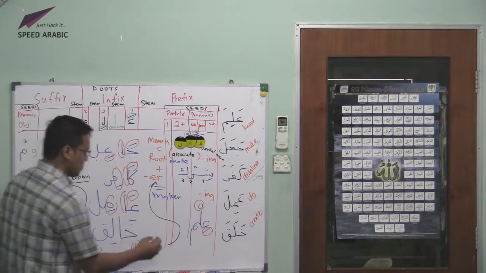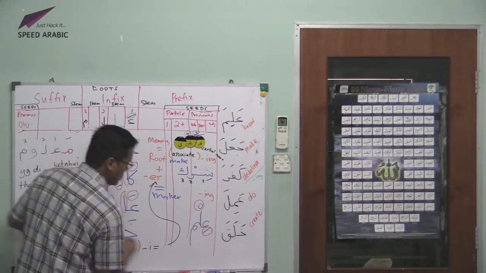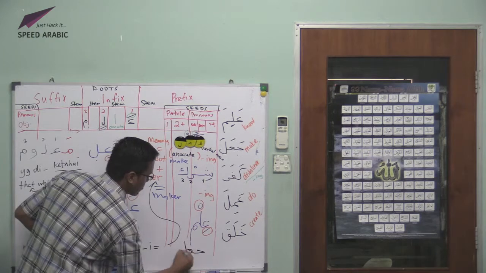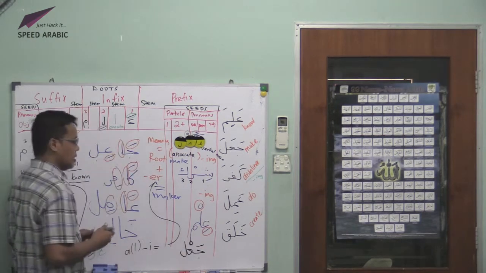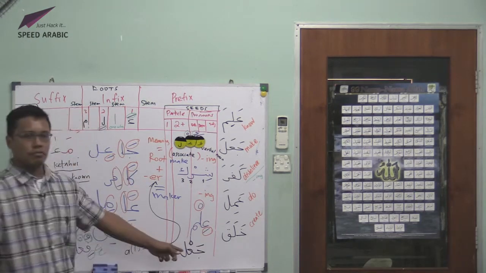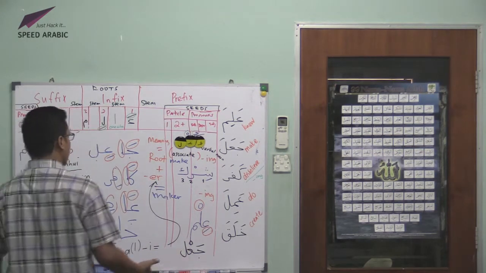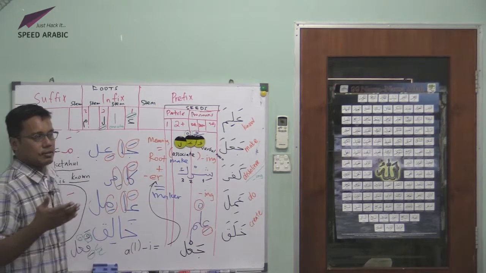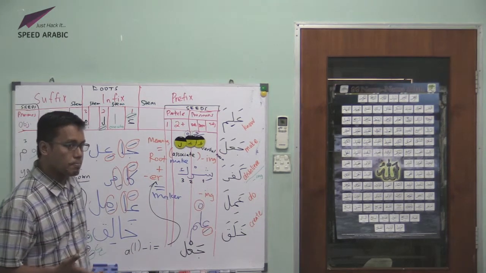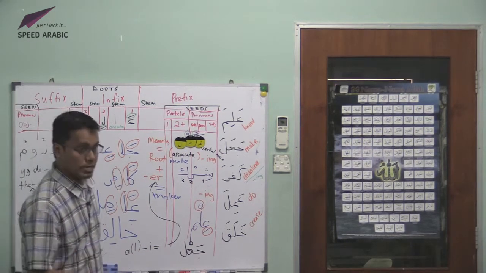Okay, let's make this: ja'al. Okay, so what's the form of ja'al? Fa'al. What does fa'al mean? It's a verbal noun.